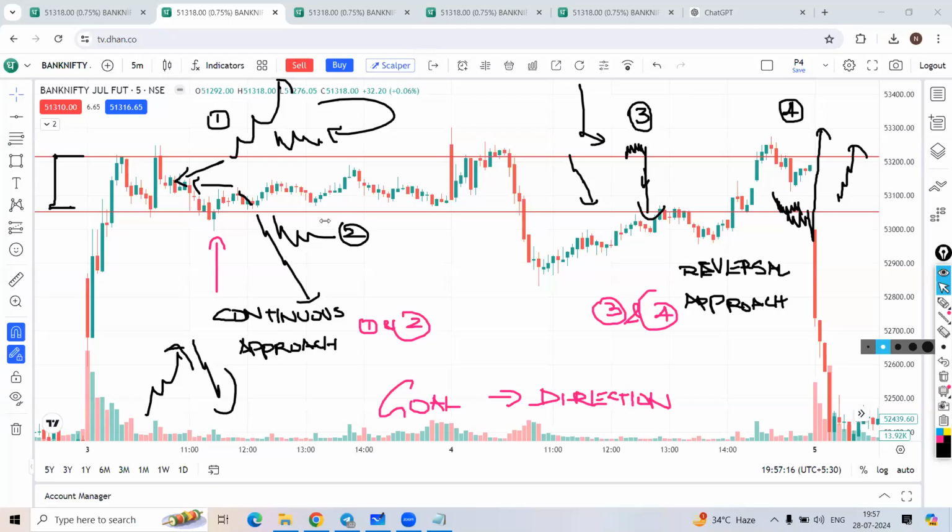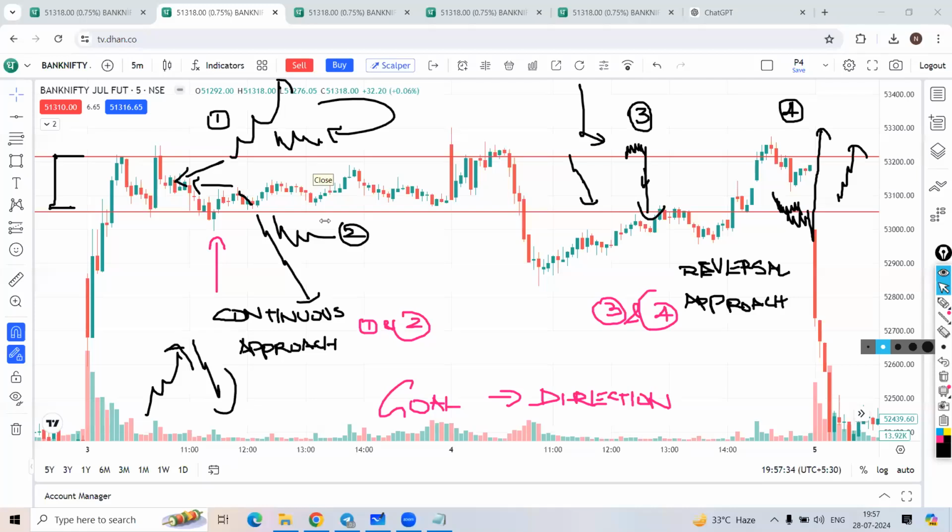Let's be honest. Entry only, sir, only prediction based entry. Yeah, if you ask me, I have done it, I will accept it, and traders are accepting it, so fine.